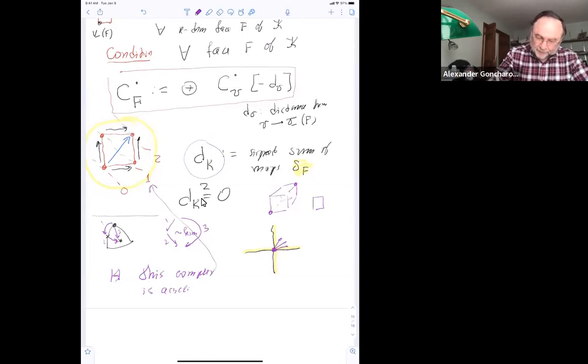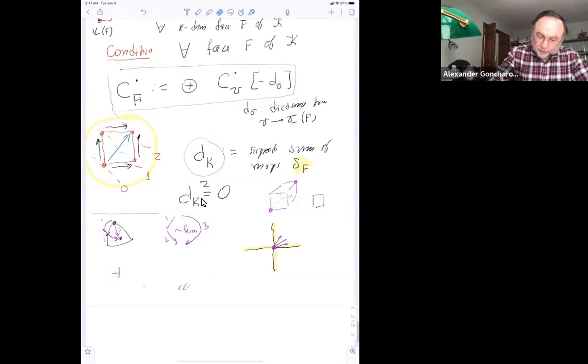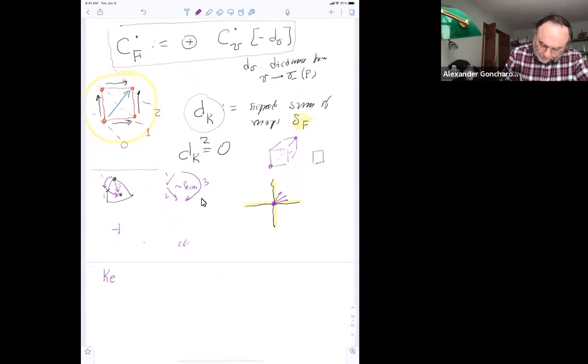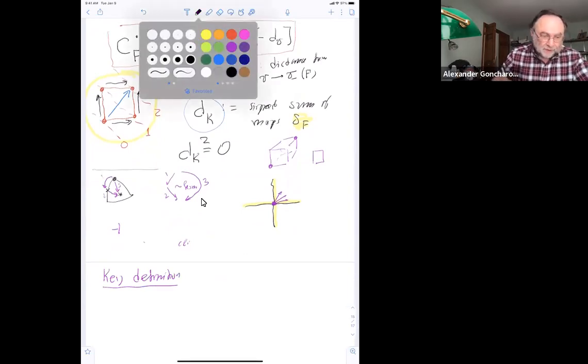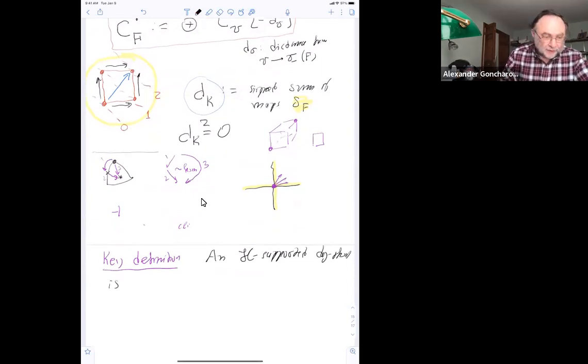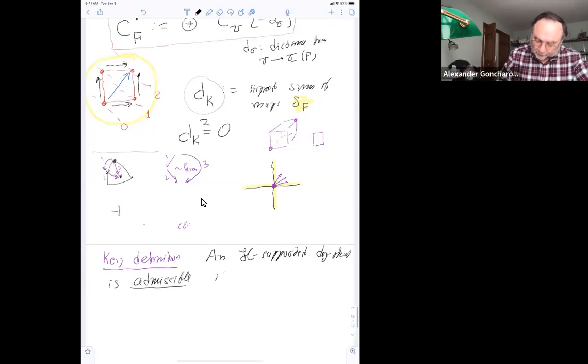So here is the key definition. We say that an H-supported DG sheaf is admissible if the following conditions hold.